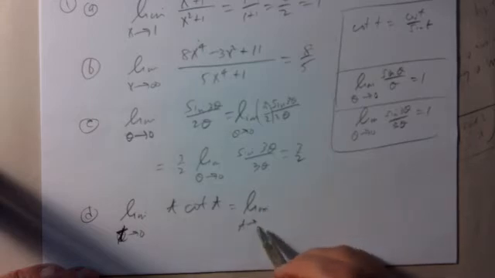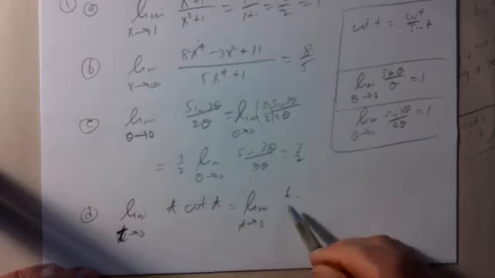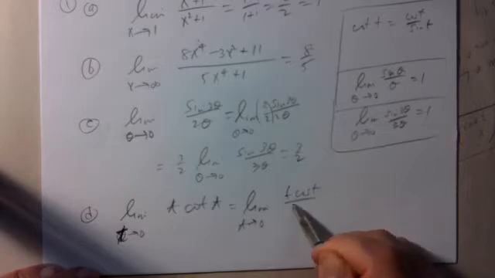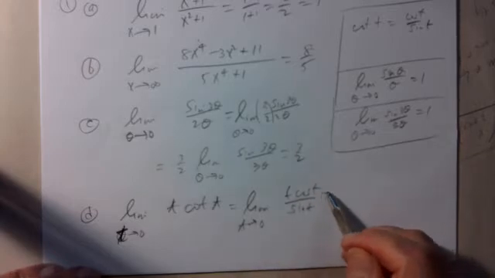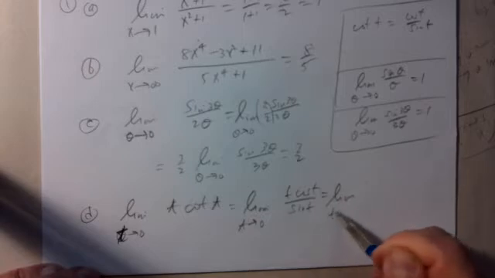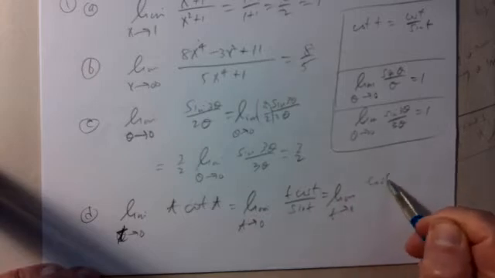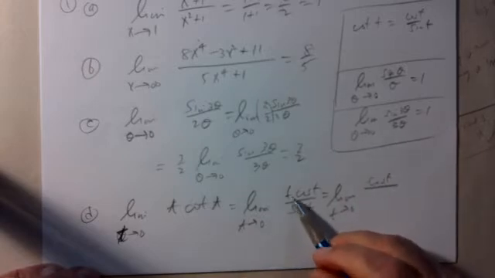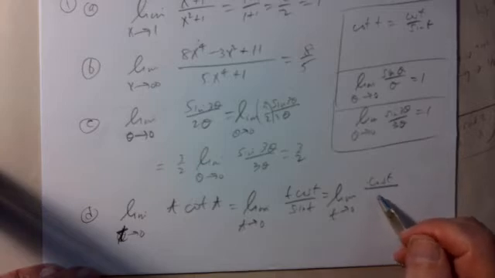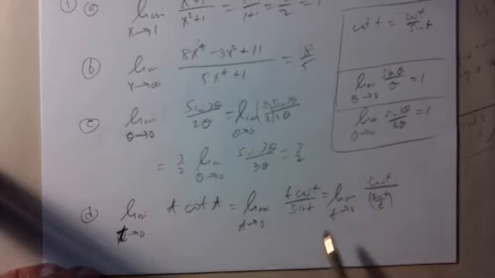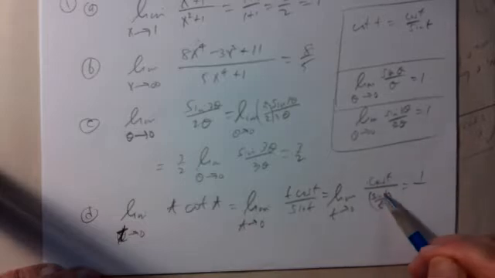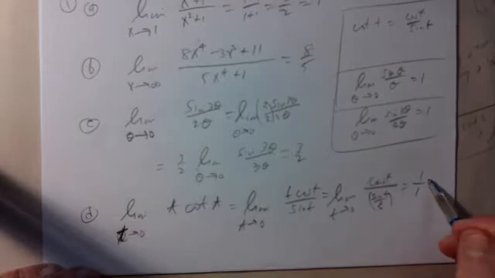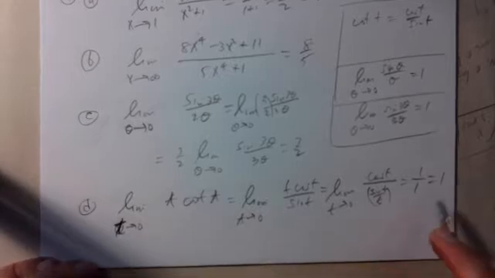Limit as t goes to 0 of t cosine t over sine t. If you like, you can think of this as the limit as t goes to 0 of the cosine of t over, so t over sine t is like 1 over sine t over t. And as t goes to 0, the cosine goes to 1, and sine t over t goes to 1, so the limit is 1.